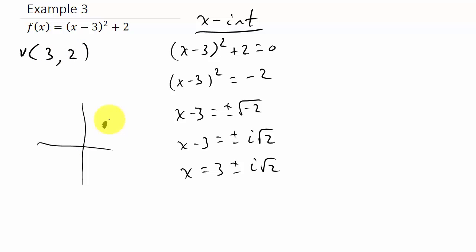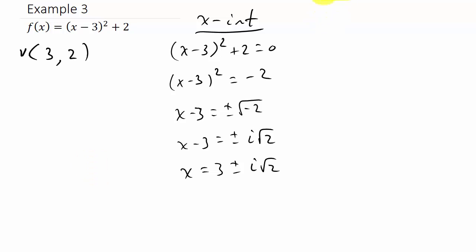And remember, the x-intercept is where the graph crosses the x-axis. Well, you see how a is positive? We know it's opening up, right? So we can see from that it's not going to cross the x-axis, so there's no x-intercepts. But just in case you didn't notice that, this is what's going to happen if there's no x-intercepts. You'll get an imaginary solution.